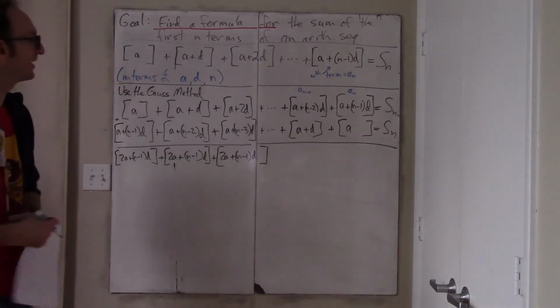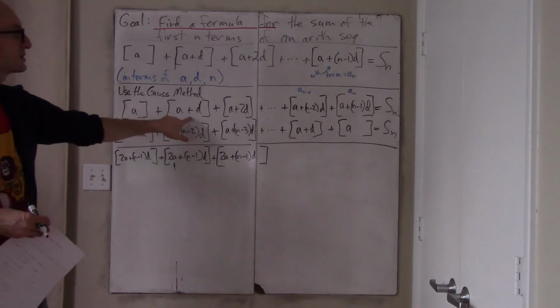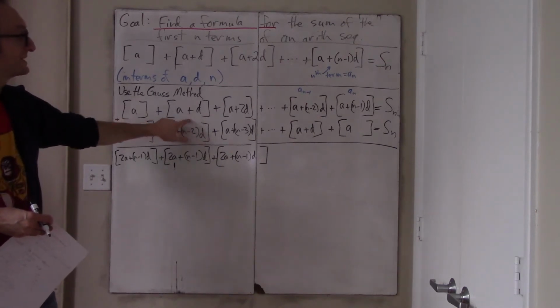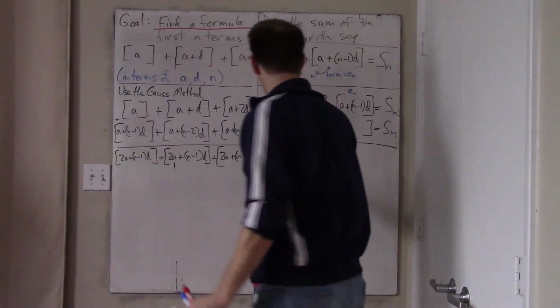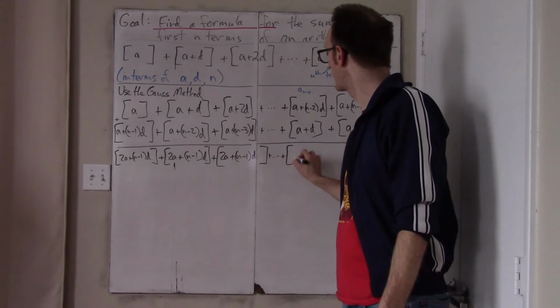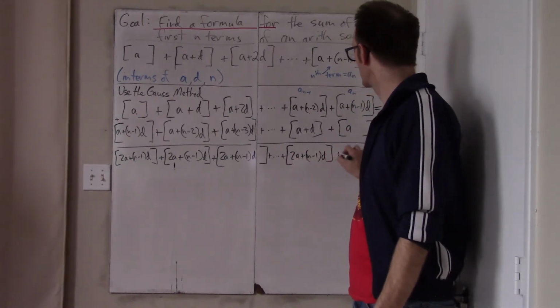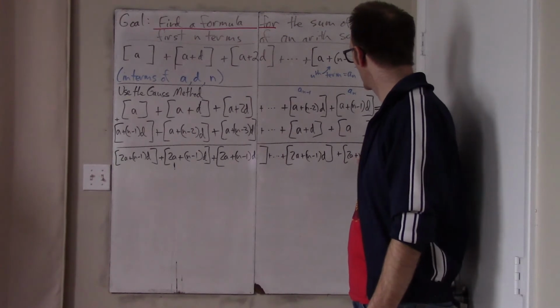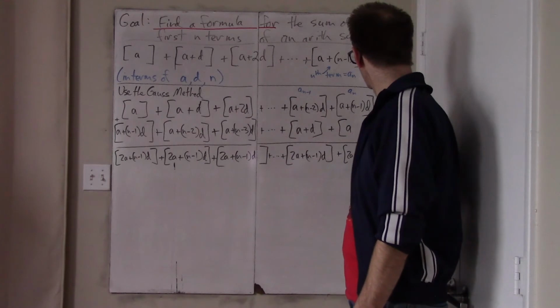So any given column is always going to stay constant, because this number is going up by d each time and this number is going down by d each time. So what's this? It's also 2A plus n minus 1 d, and this last one is also 2A plus n minus 1 d. And what do I get over here? Twice the thing I'm looking for.